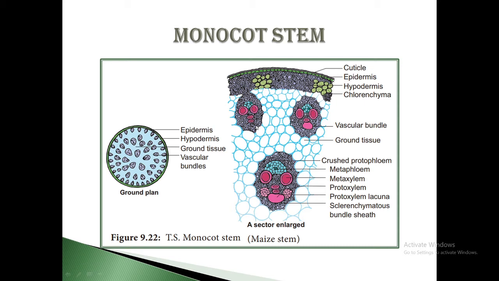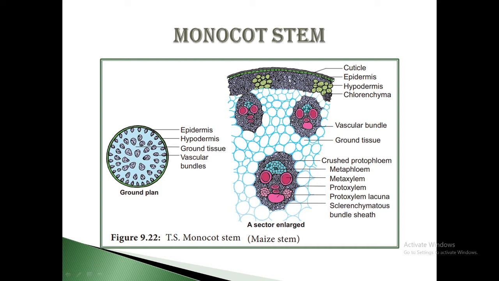Just beneath the epidermis, a few layers of parenchyma or sclerenchymatous patches are present, as in Asparagus. But in maize stem, small patches of collenchymatous cells are present in between the sclerenchymatous cells.